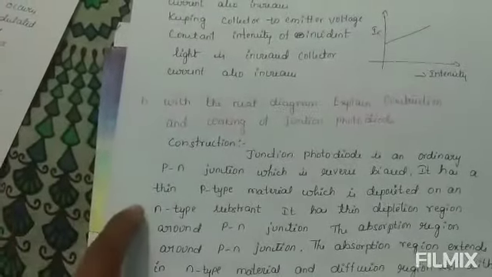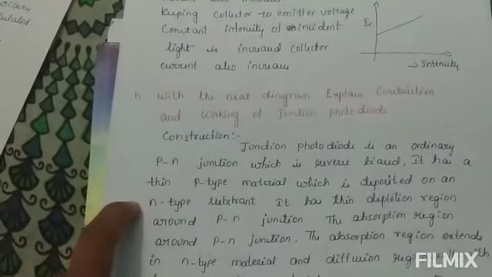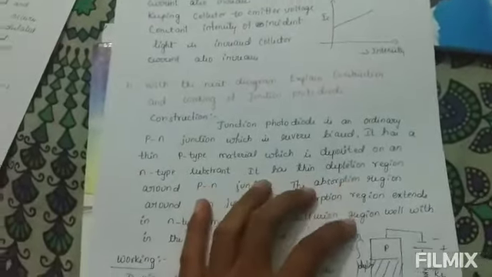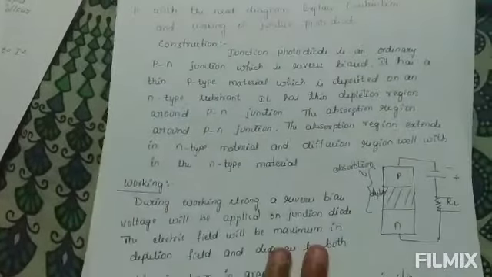And the third question, part B, will be: with a neat diagram explain the construction and working of junction photodiode. For this we have to write what will be the diagram of a junction photodiode and the construction and working. The construction and working will carry more marks based on the diagram.